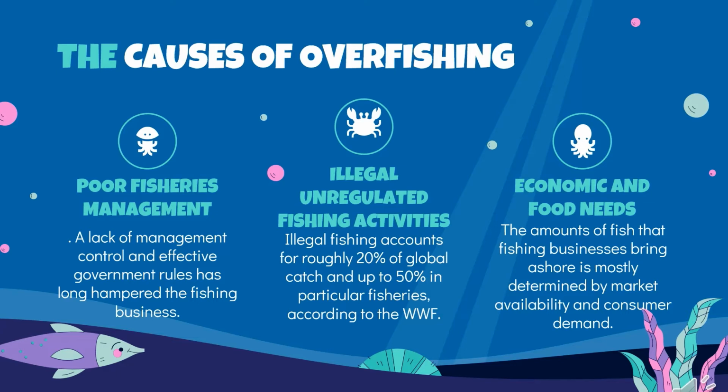According to World Wildlife, illegal fishing accounts for roughly 20% of global catch and up to 50% in particular fisheries. And third, economic and food needs. The amount of fish that fishing businesses bring ashore is mostly determined by market availability and consumer demand.